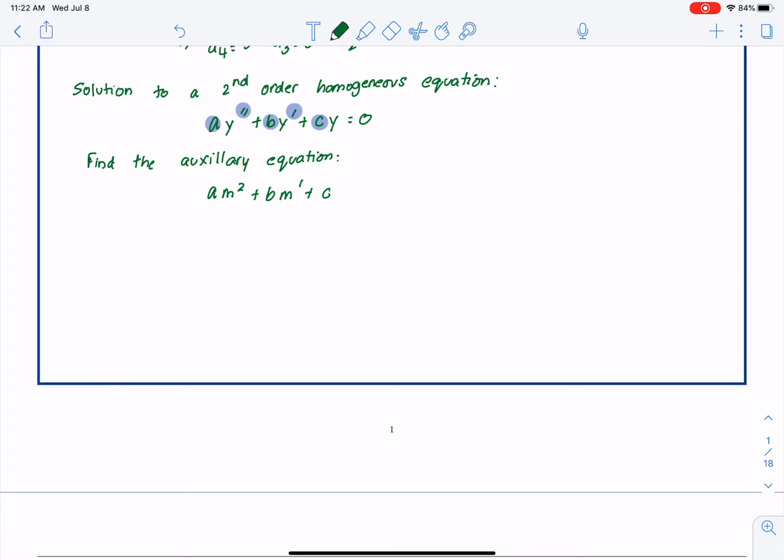Plus C, I don't see a derivative there, it's just y, so I'm going to multiply by m raised to 0. So the equation becomes a m squared plus b m plus c equals 0.